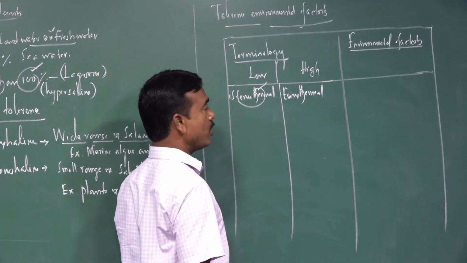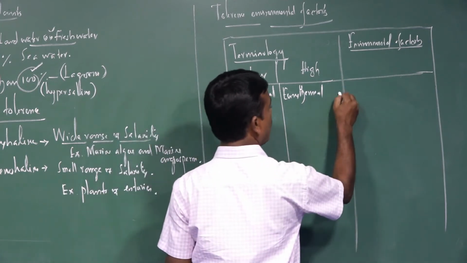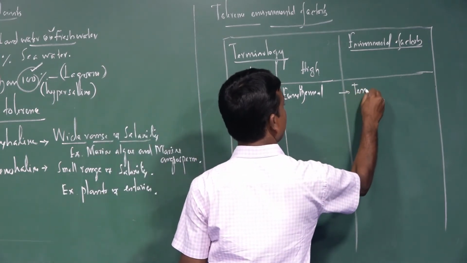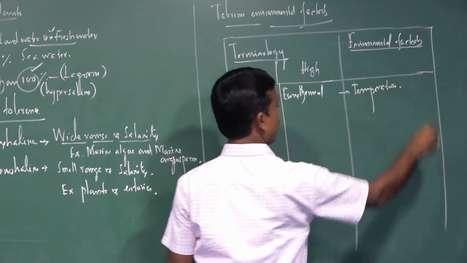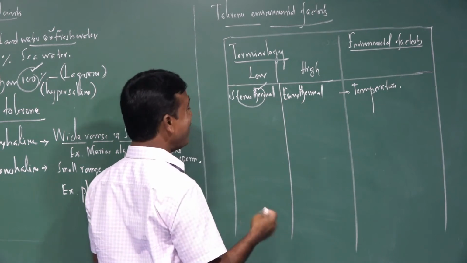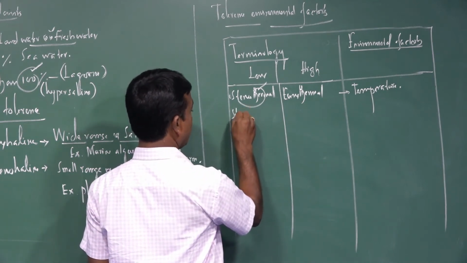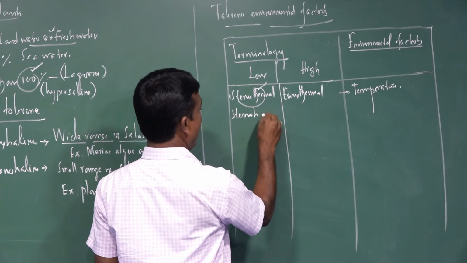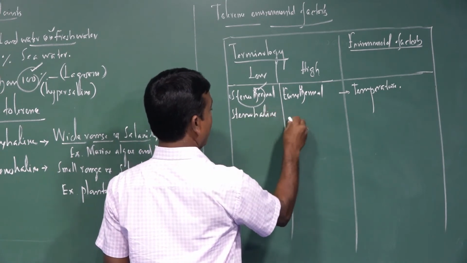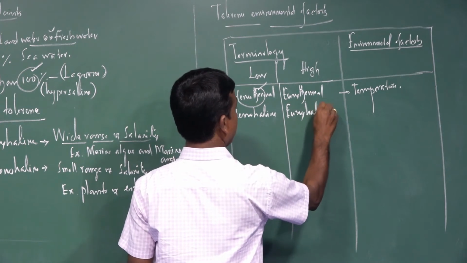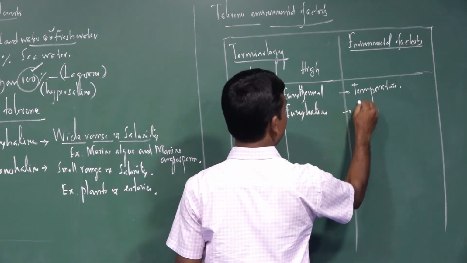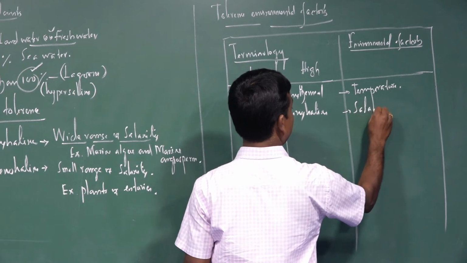That is commonly called eurythermal. The factor between these is temperature. So based on salinity, they are called stenohaline and euryhaline.